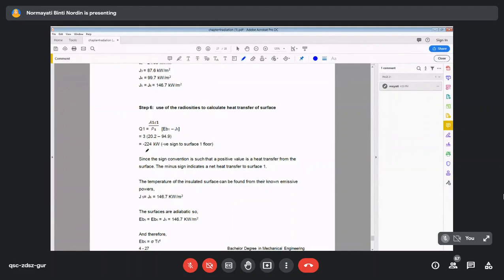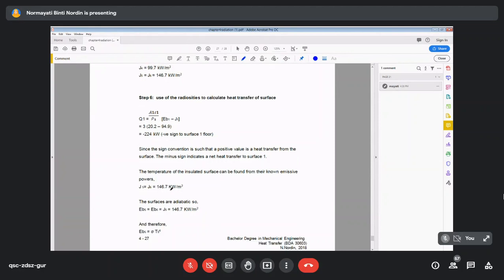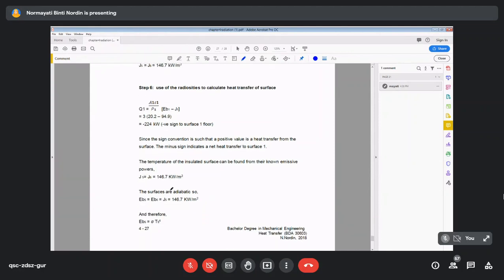Soalan yang kedua dipertanyakan suhu permukaan 5 dan 6 yang mana kedua-dua permukaan ini adalah adiabatic. So you need to use the same equation, but we know that for adiabatic case the black body emissive power is equal to radiosity.